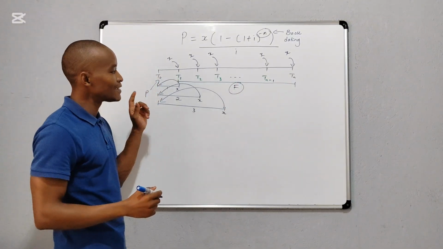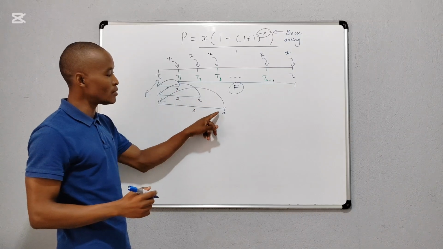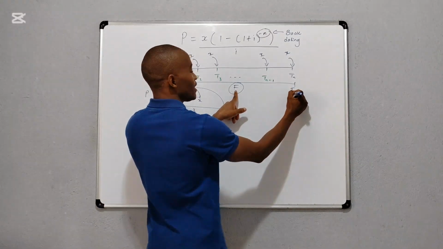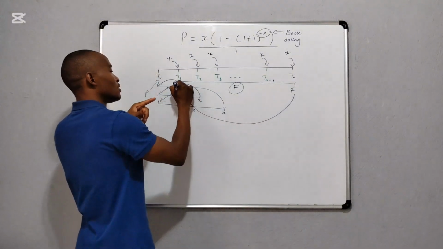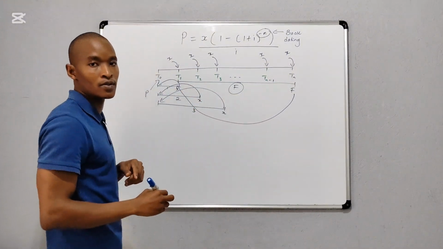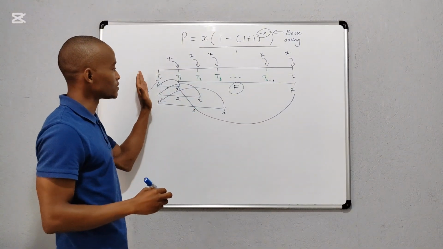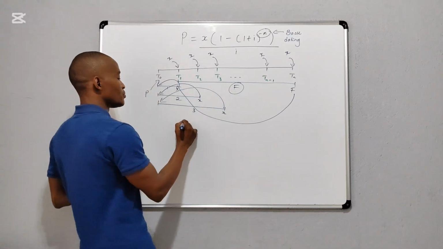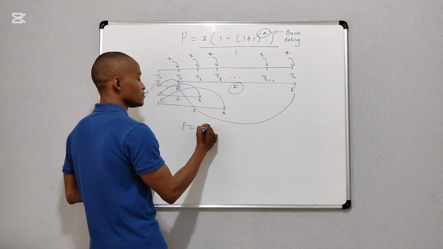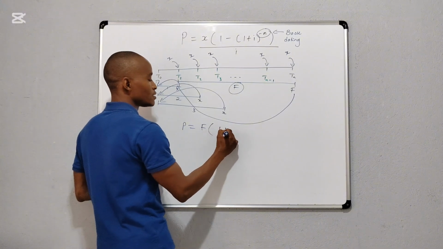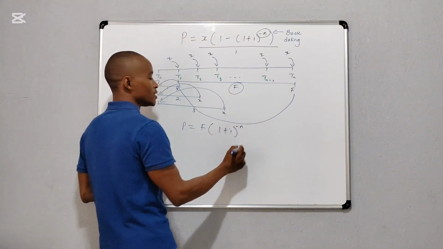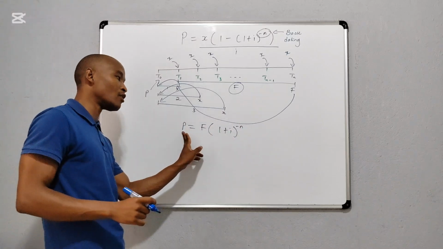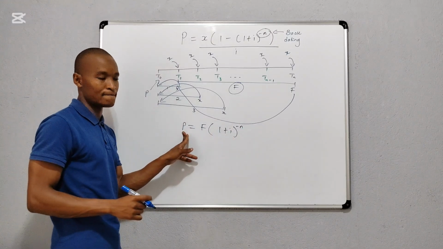So instead of backdating each payment, we can take the future value and backdate it all the way to the first month after interest has been accumulated. In other words, present value is equal to the future value times the interest accumulated over the number of payments that should be made to pay off this particular debt.